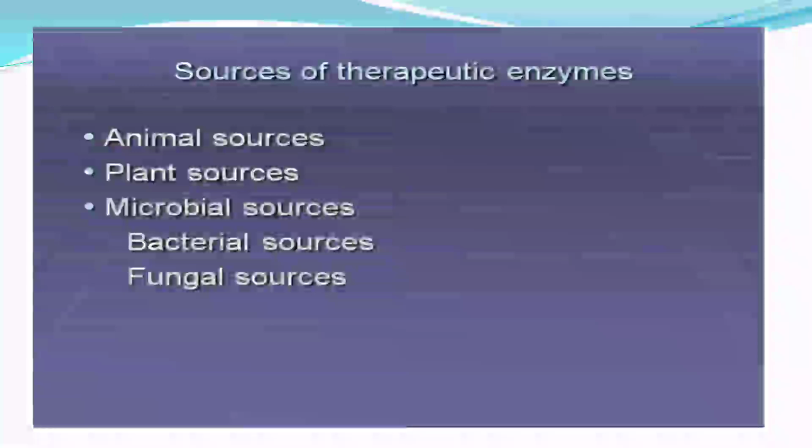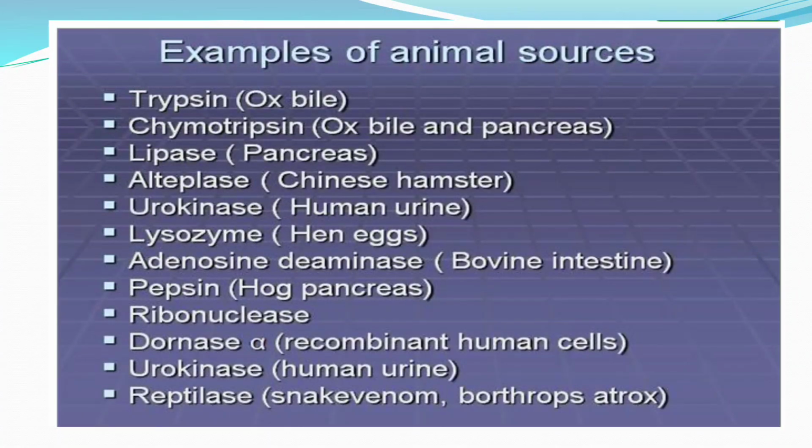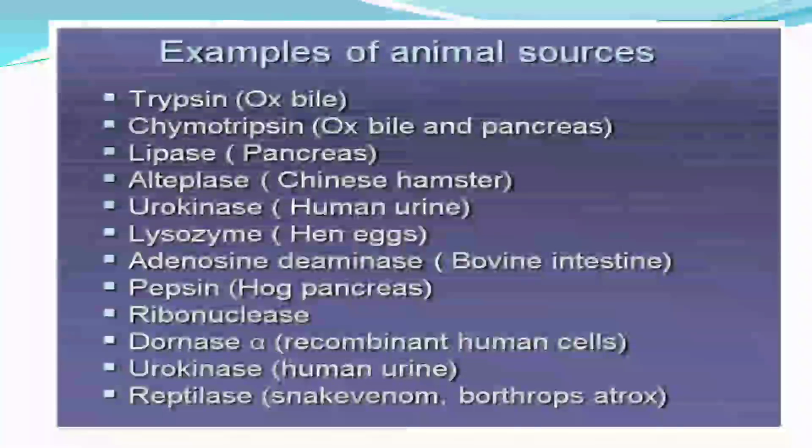Now the pharmaceutical enzymes extracted from animal sources: trypsin, which is extracted from ox bile; chymotrypsin, which is also isolated from ox pancreas; lipases, also from the pancreas; and alipase, which comes from the Chinese hamster.